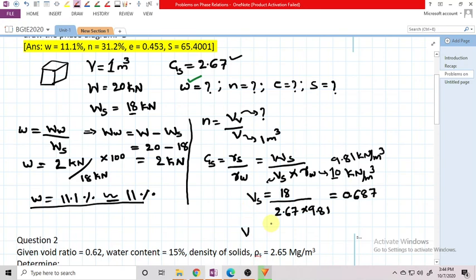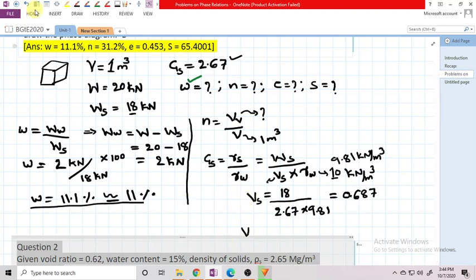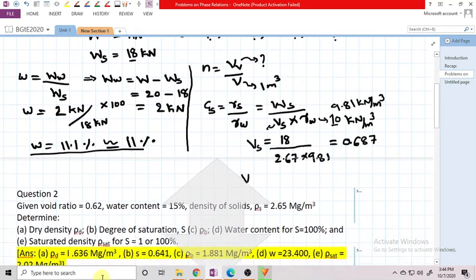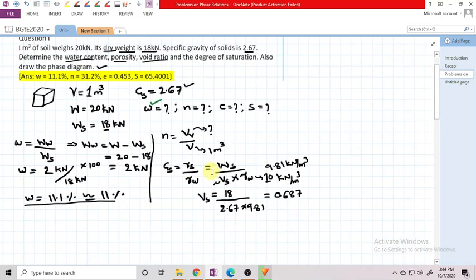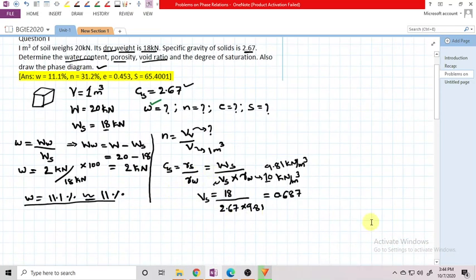So let me get some space here. So for volume of voids, I want to find out the porosity, right?